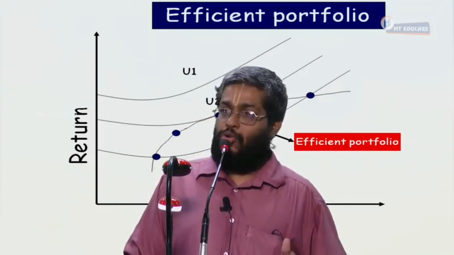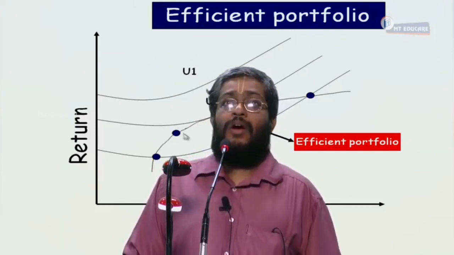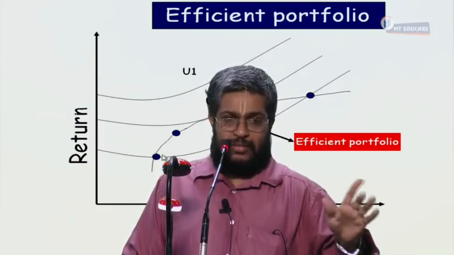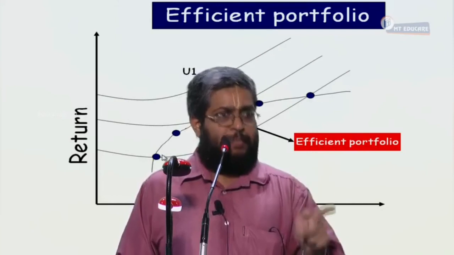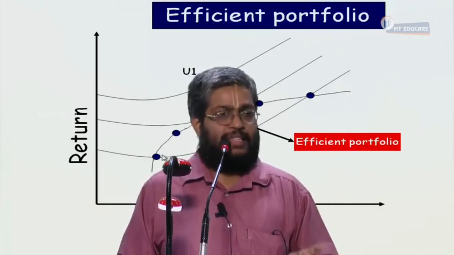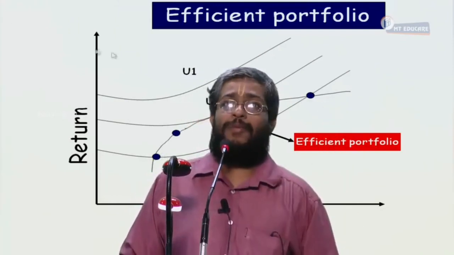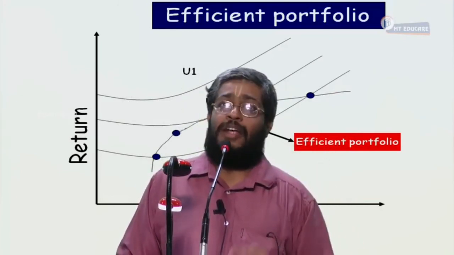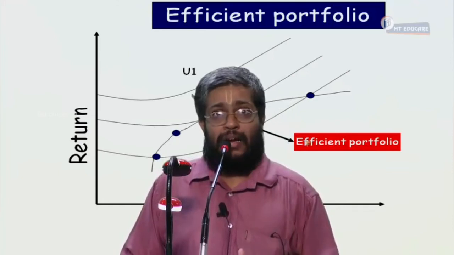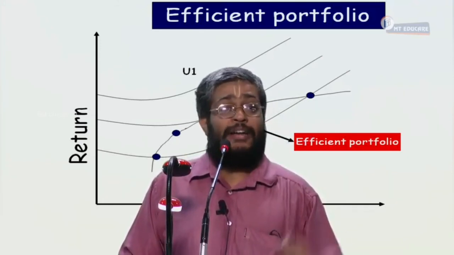I'm dictating. You asked me to repeat, so I'm repeating. Why are you shouting? You just listen and write, understand and write. All the other points, which touch what? Utility curves, other than the point of tangency.